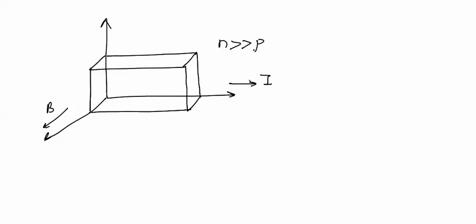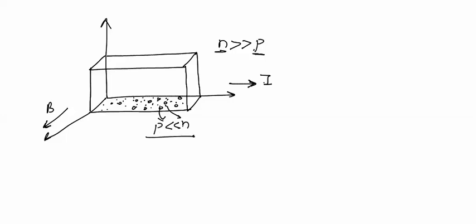Now, if current is flowing and transverse magnetic field is applied, the electrons and holes both experience a downward force. Electrons will settle down and also holes will settle down. But as far as the concentration is concerned, electron concentration is much greater than hole concentration.